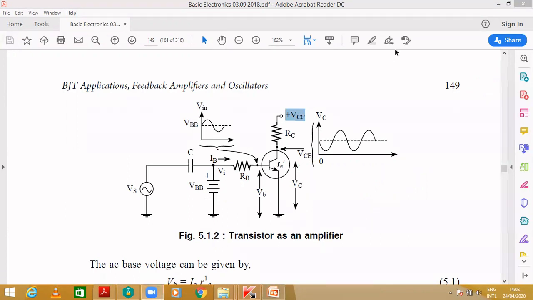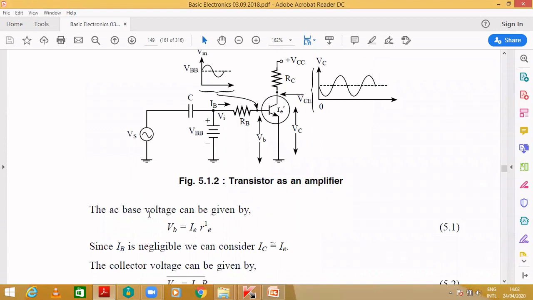So here you can see, first, the AC base voltage can be given by, you already know Ohm's law, VB equal to IE re'. So you may ask, what is this small re'? Let me start with an introduction, just the diode. If I take a diode, this is the anode, you already know, and this is the cathode, and these are the terminals.